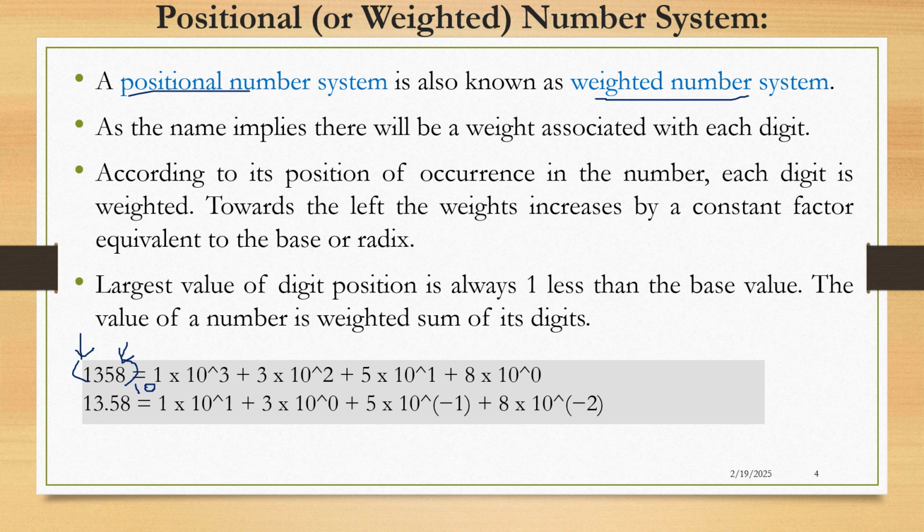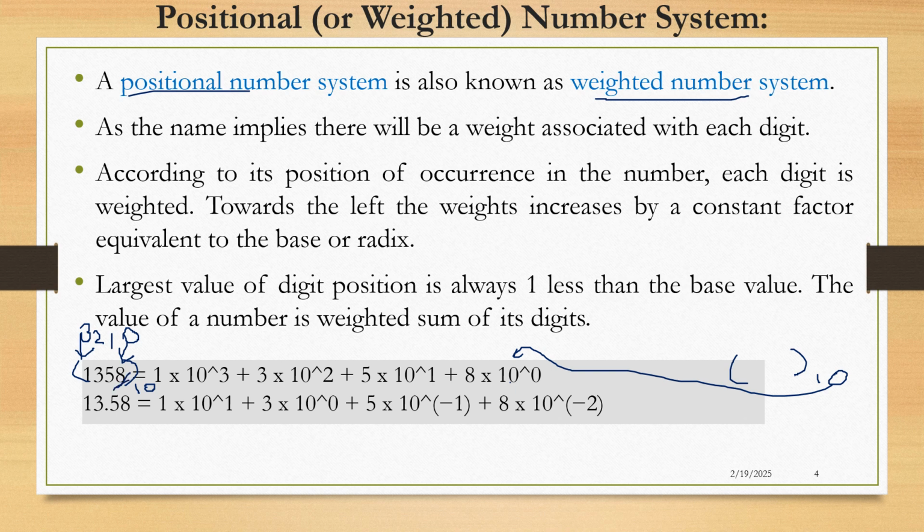Now, how do we get the number? Every digit has a weightage. The least significant digit has weightage 0, the next one is 1, then 2, and then 3. If we want to convert the same number into the decimal number system, whose base is 10, we write 10 with the power 0 and multiply it by the value itself.